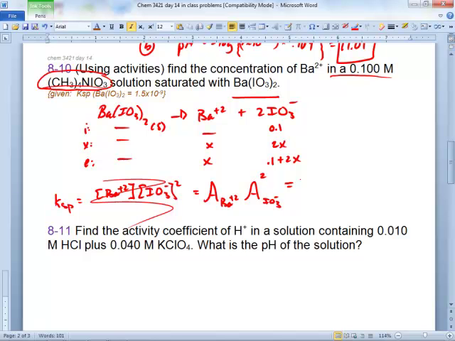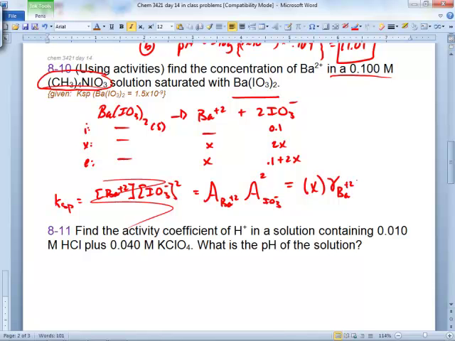What would you do right now? Wait, don't put them in yet. Let's just write. Well, we could. Yeah, why not? Because he knows. You've done this a lot, right? The concentration of barium is X. Good. All right? Times, remember, it's activity, though. So that activity coefficient thing, right?